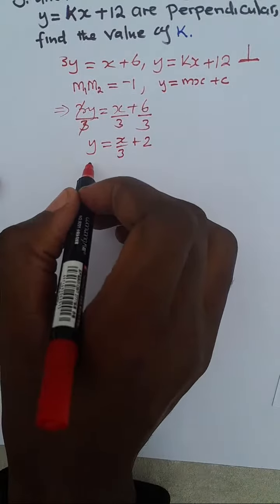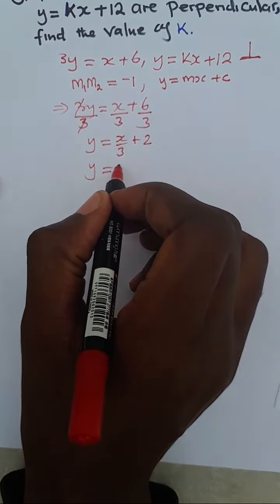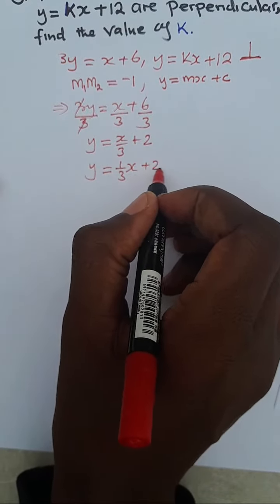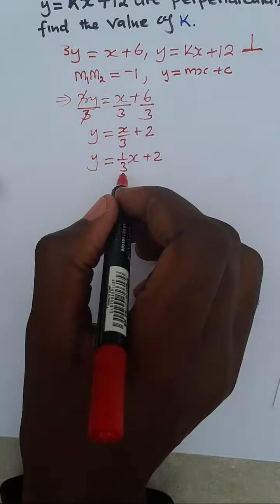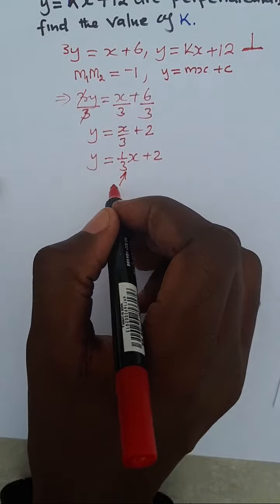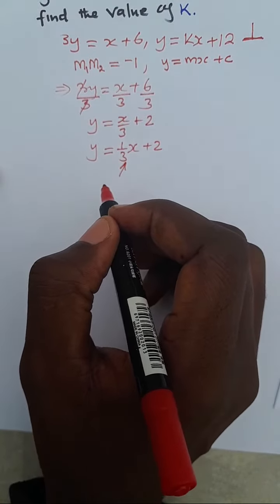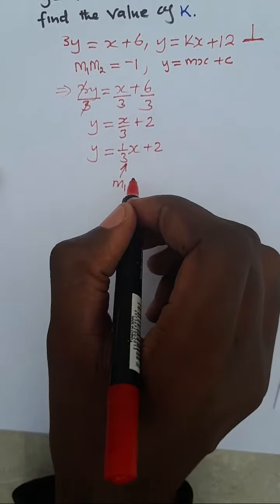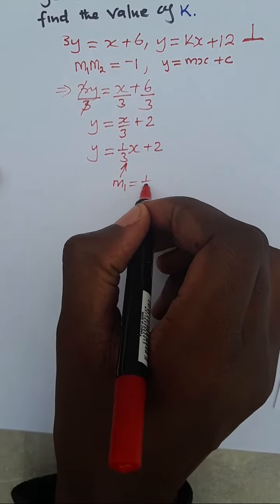This is the same as 1 over 3 x plus 2. Now we call the gradient m1. So m1 is equal to 1 over 3.